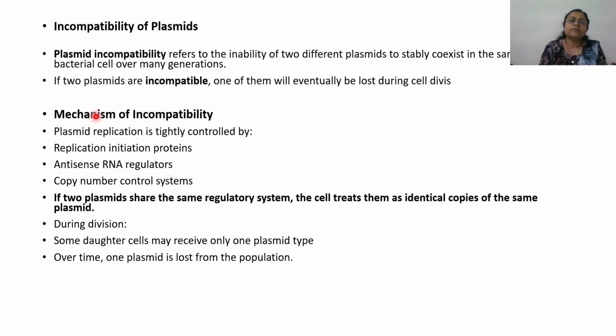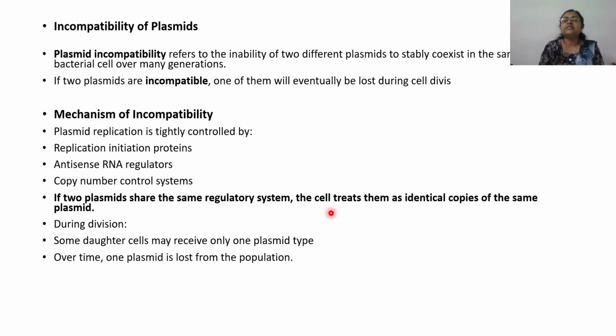Then what is actually the mechanism behind this incompatibility? Replication of the plasmid is strictly controlled by replication initiation proteins, antisense DNA regulators, and also the copy number control system. So there should be control on copy numbers. If two plasmids share the same regulatory system, then what happens?